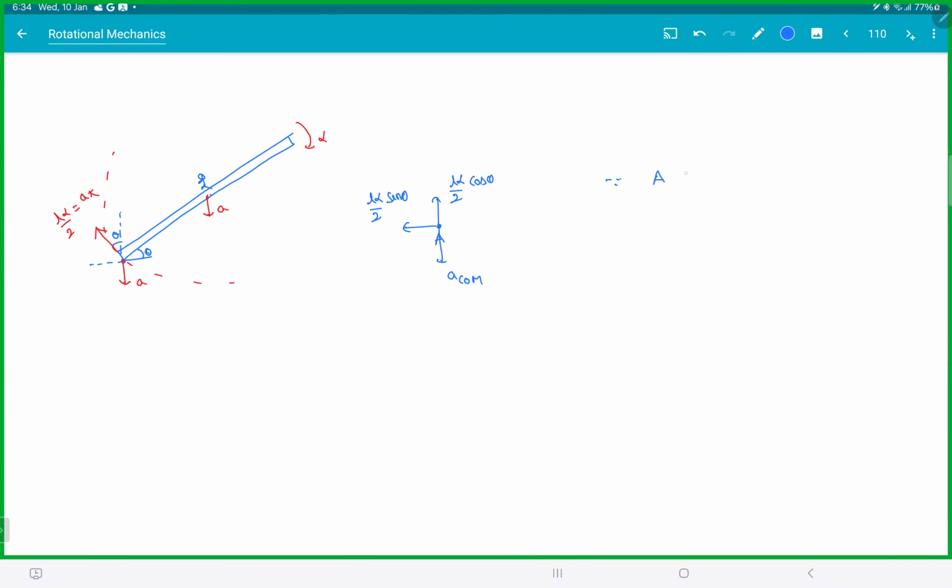Since A cannot lose contact with the ground, vertical acceleration is 0, because it's neither going up and down. Rigid body constraint. Acceleration along the normal should be same. That means the A center of mass in the vertical component minus L alpha by 2 cos theta is equal to 0. This is your third equation.